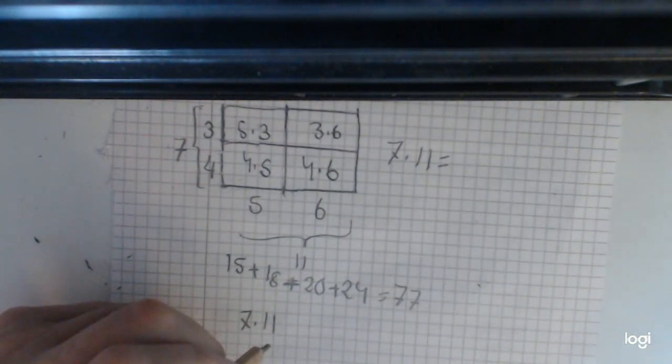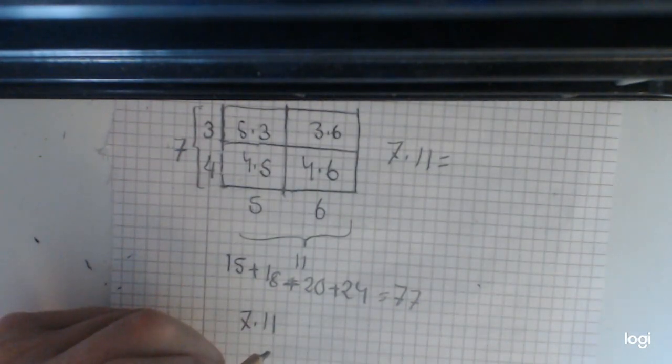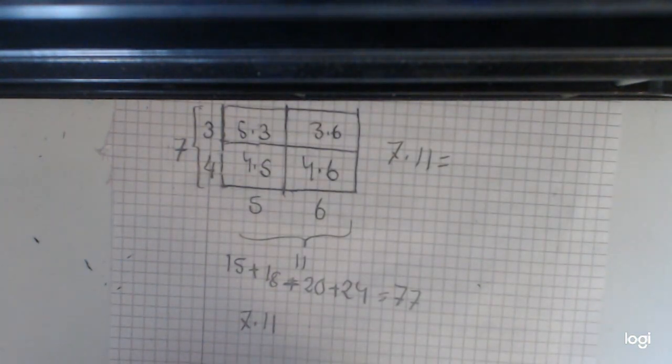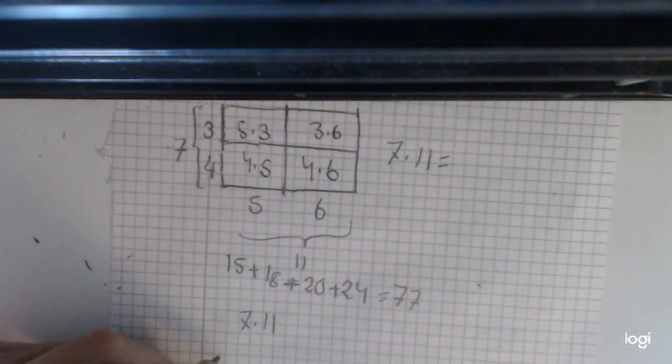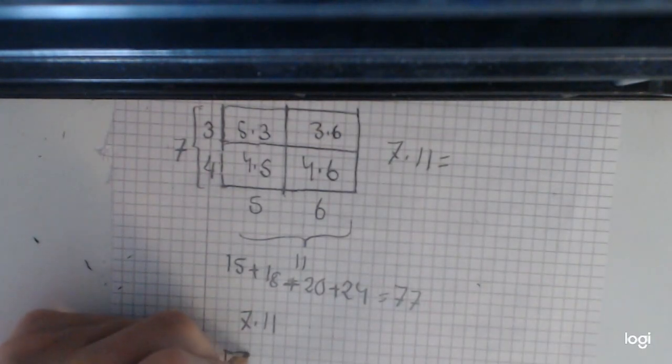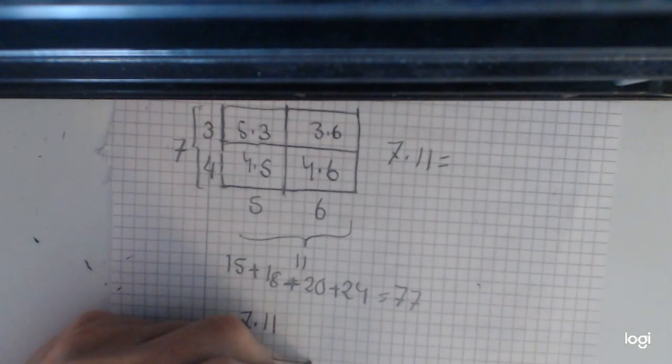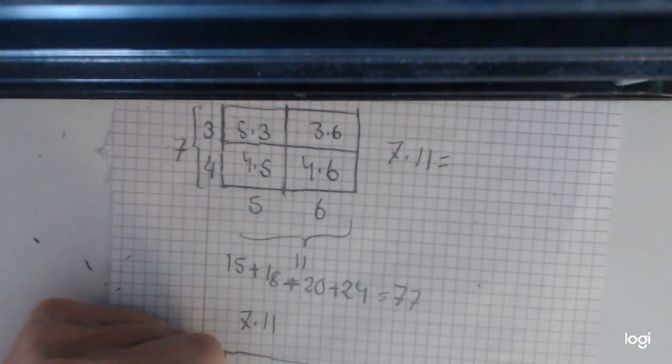Let's see if we can calculate that another way. So you have here 7 and you have this part here, 11.